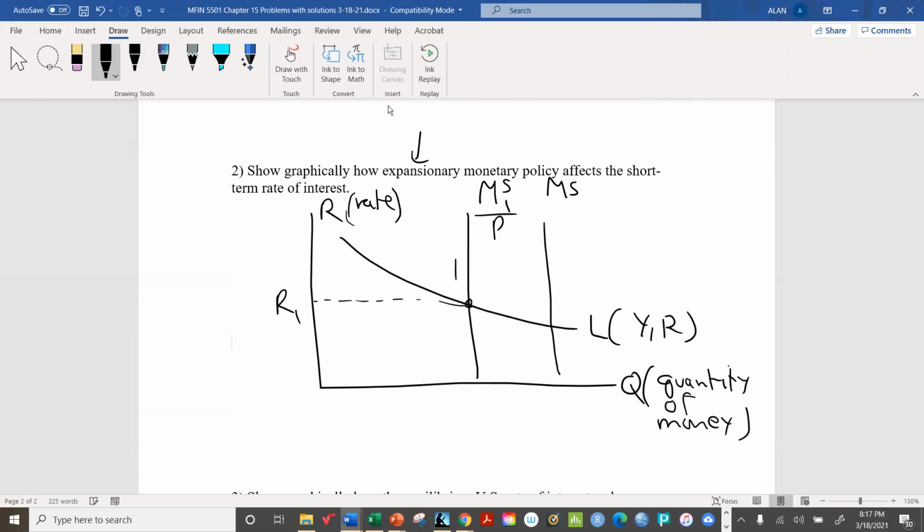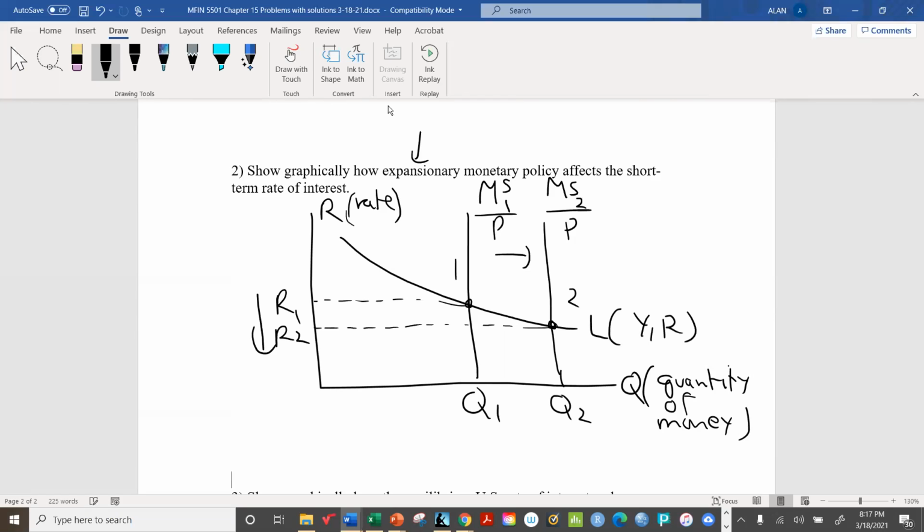And as a result of the expansionary monetary policy, the curve shifts to the right, and we end up with R2. You could call this Q1 and Q2 if you want to. The important detail here, though, is that the real money supply increased, and as a result, the nominal interest rate dropped.